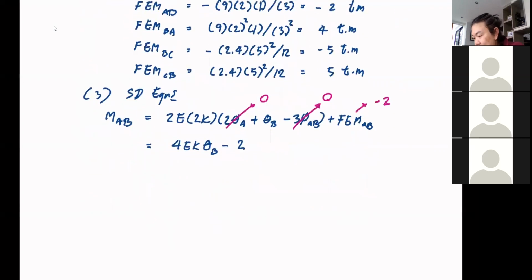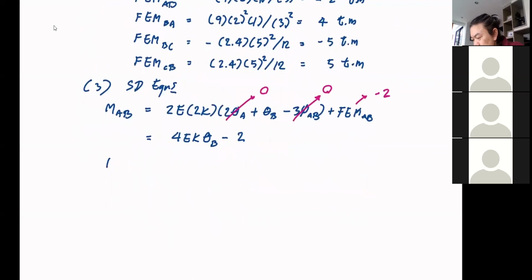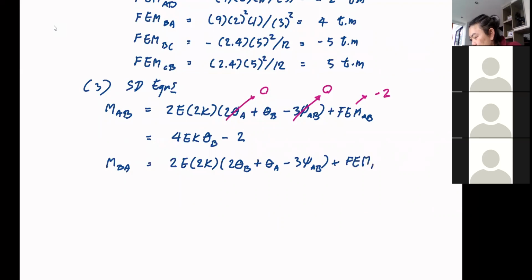Now let's move on quickly to MBA. Again, it's the same member AB, so the K is 2K. This time 2 theta B plus theta A minus 3 psi AB plus FEM BA.